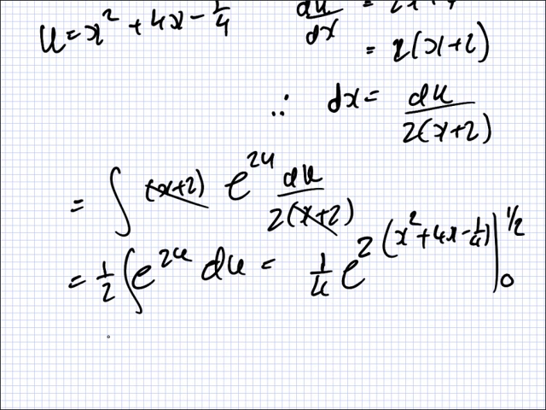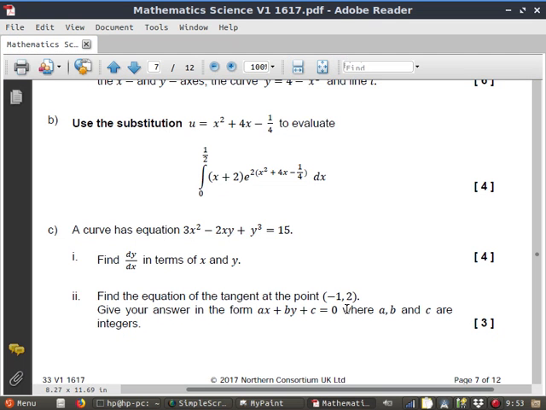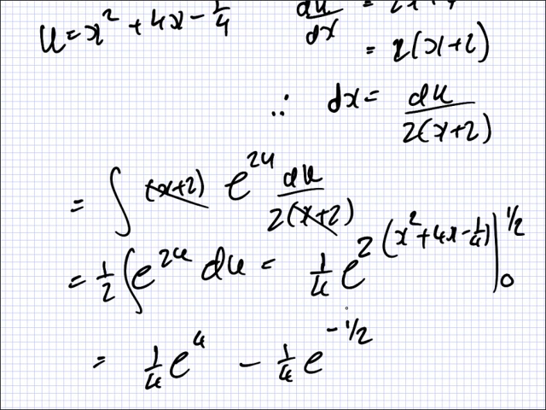Okay, so if I put in a half, what do I get? A quarter e to the 4 minus a quarter e to the minus a half. So what will change your limits in this case? I don't have to, because I went back to x.